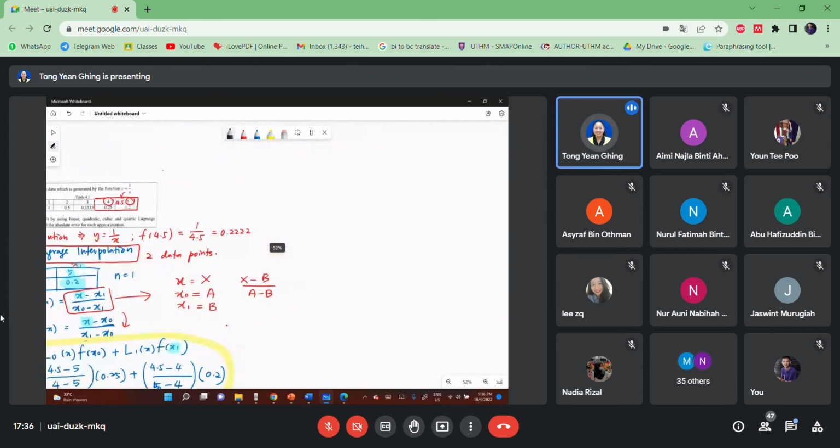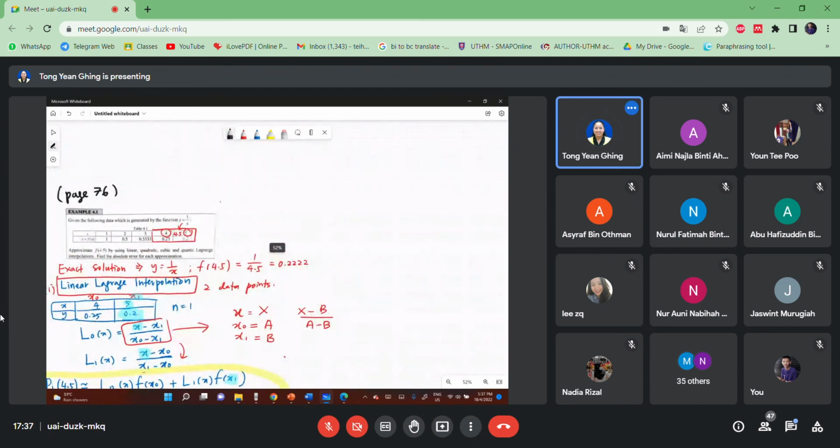And then we have to find for the quadratic. So quadratic means 3 data points. So that means we'll choose 3, 4, 5.